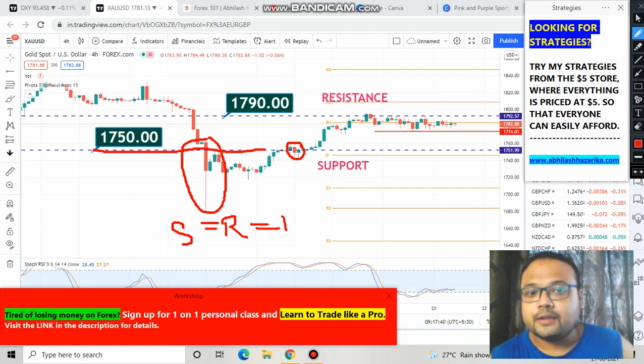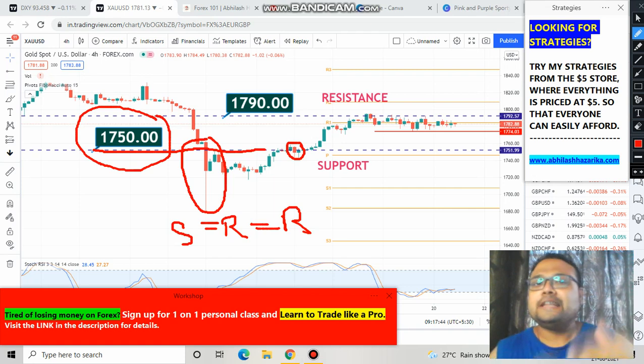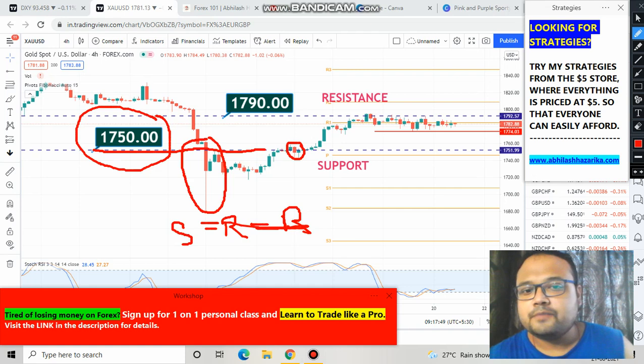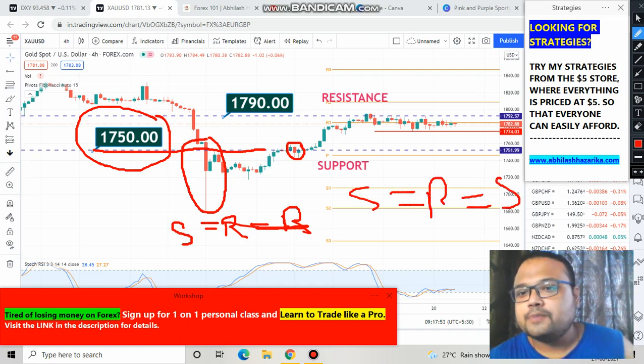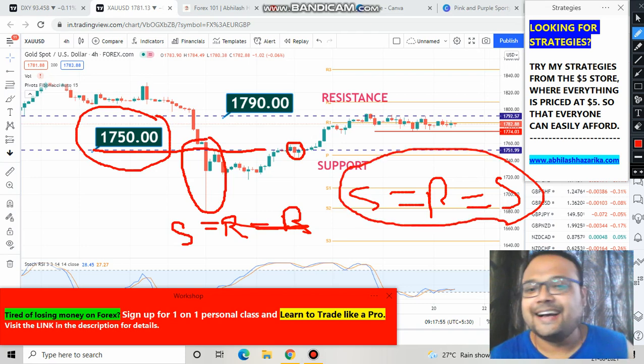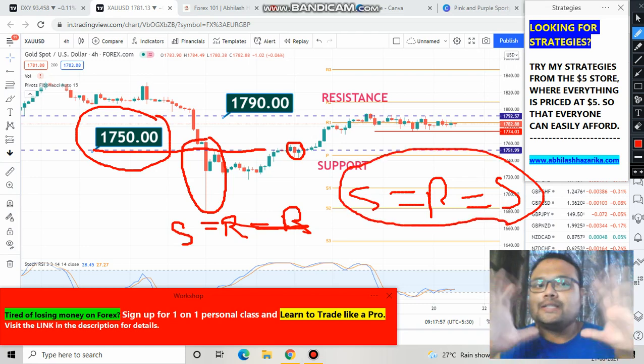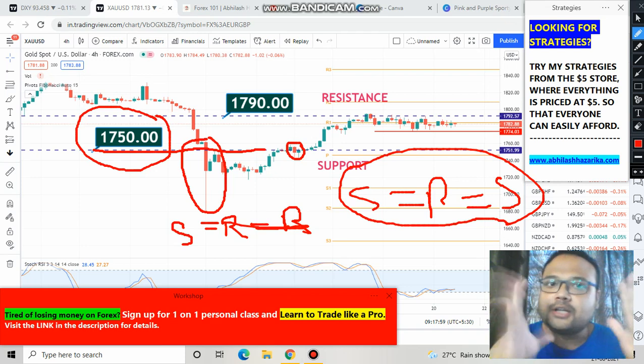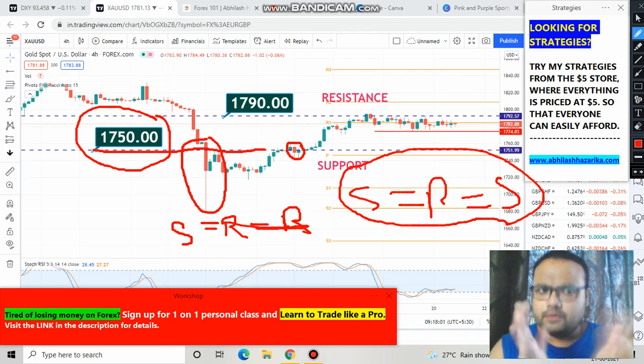Just look at 1750, how fast it is changing the picture. Previously it was the support, then it became the resistance, and again it has become the support. Funny. So 1750 is the support on the chart of gold USD.